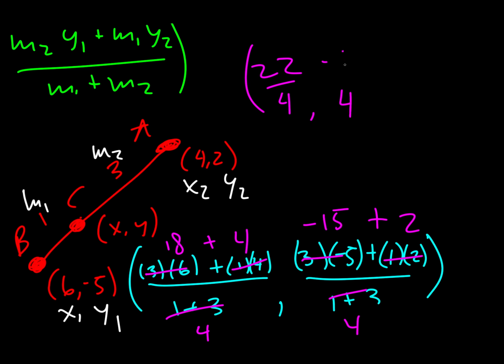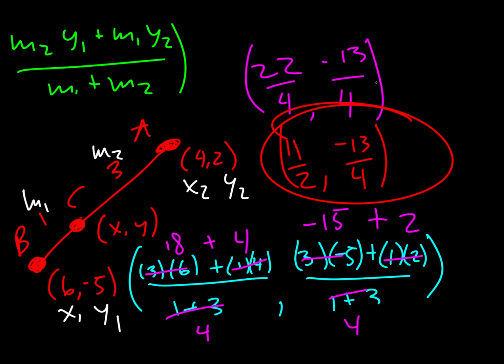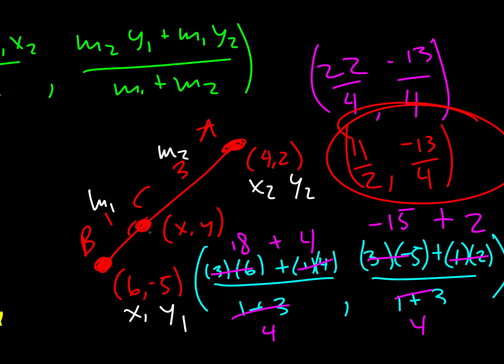So that's going to be negative 13 fourths. And then if we can simplify, we want to go further. So 22 divided by 4 is going to be 11 halves, and negative 13 fourths. That's going to be the final answer for this point C.